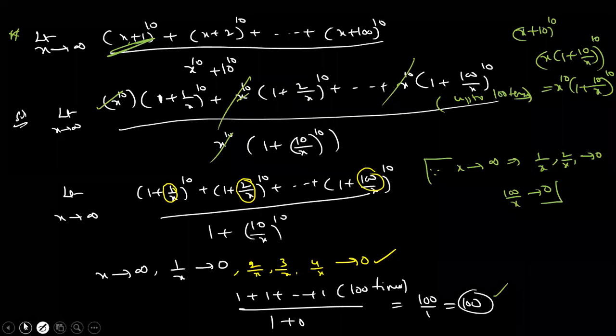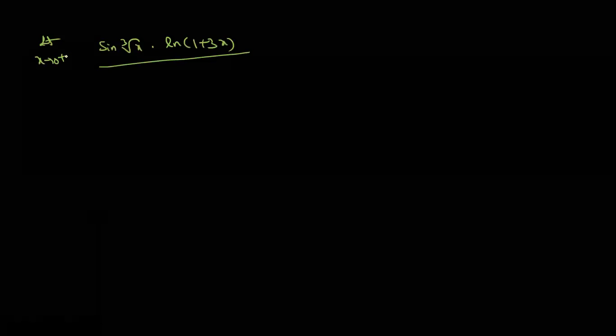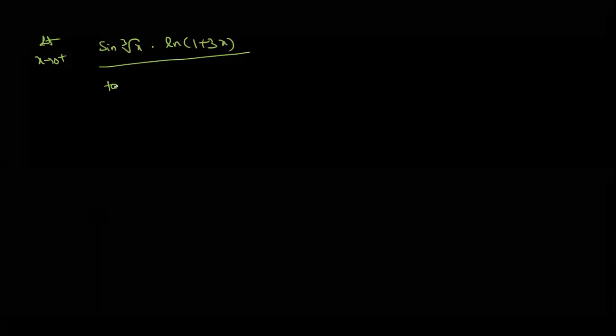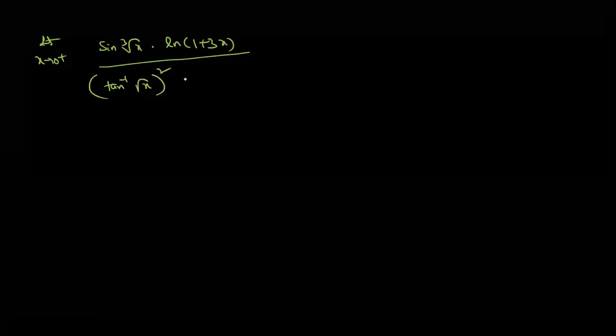Next question, see dear students. Limit x tends to 0 plus of sin of cube root of x times ln of (1 + 3x), whole divided by tan inverse of root x whole square, times e^(5 cube root of x) minus 1, is the question.